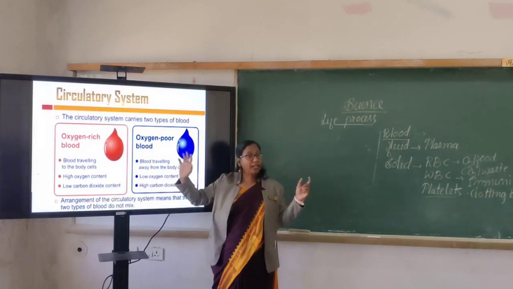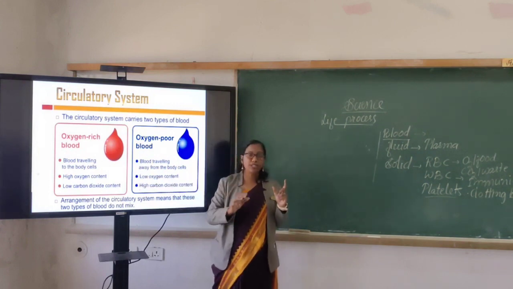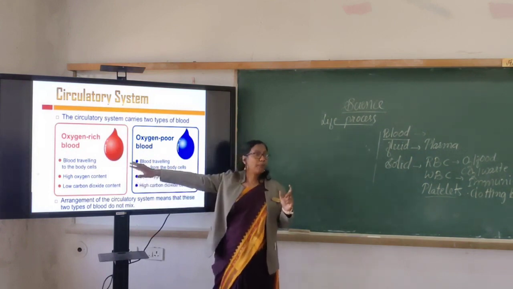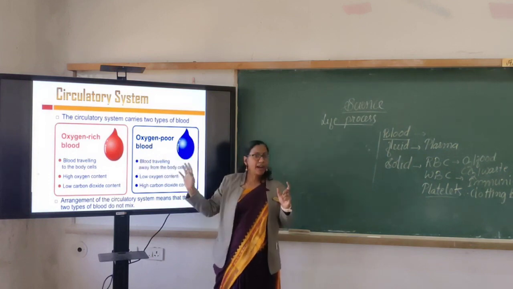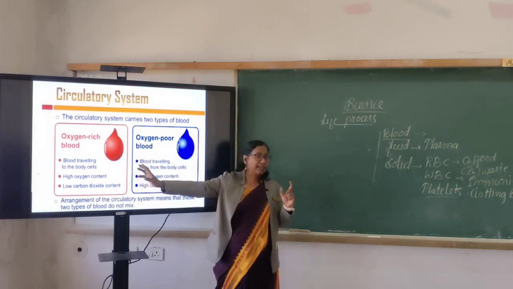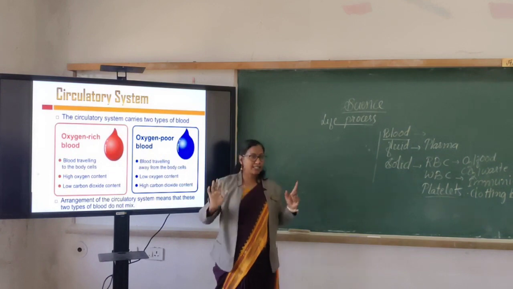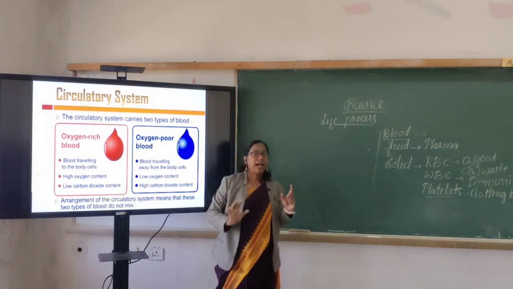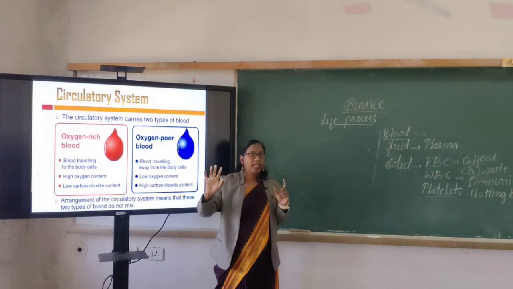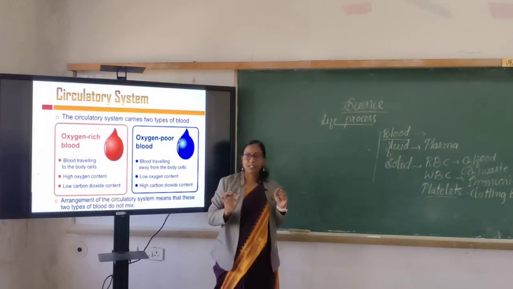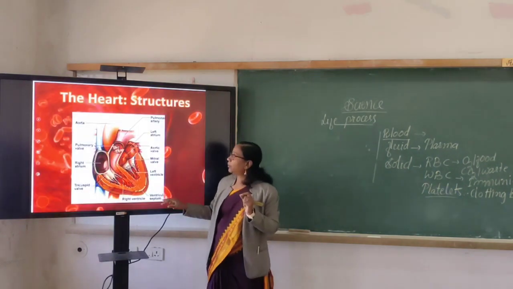And what is supposed to be managed in this? It has to supply oxygen-rich blood, bring back carbon dioxide and supply food to all the cells. This has to be managed so that every cell receives oxygen and food on time. Let us see how it does it.